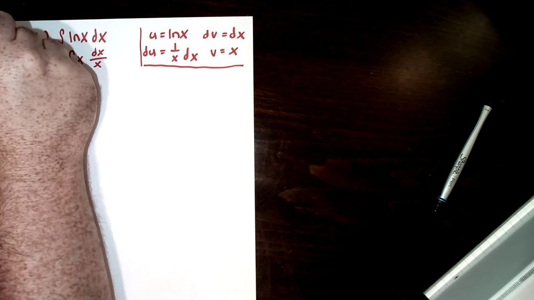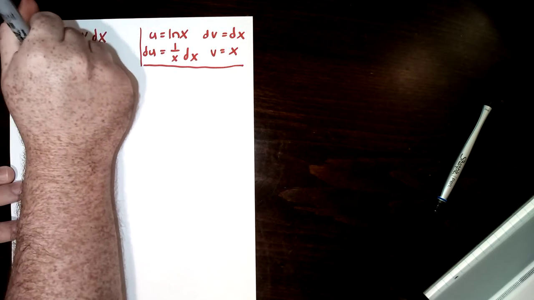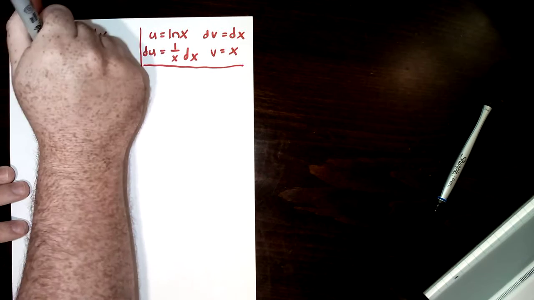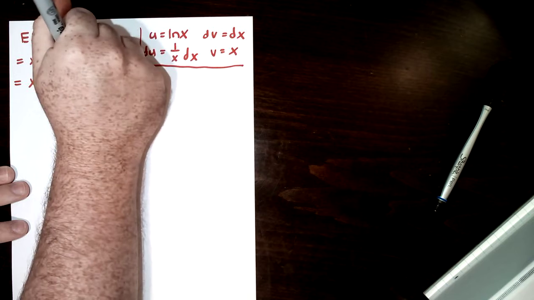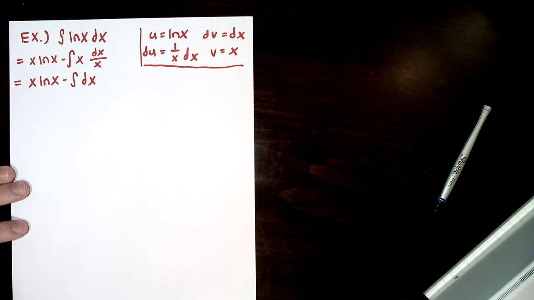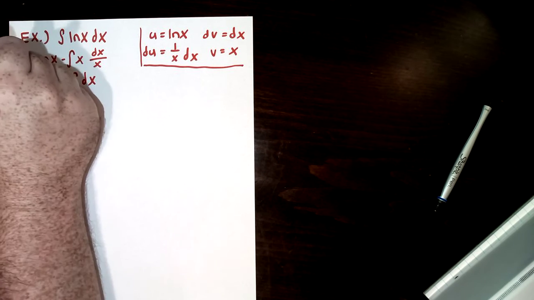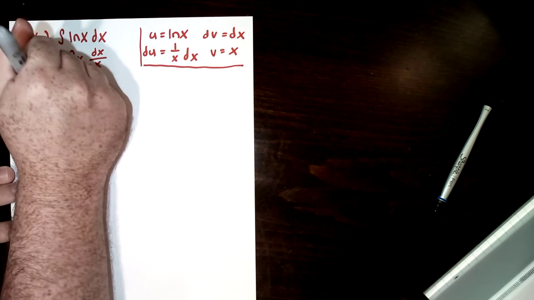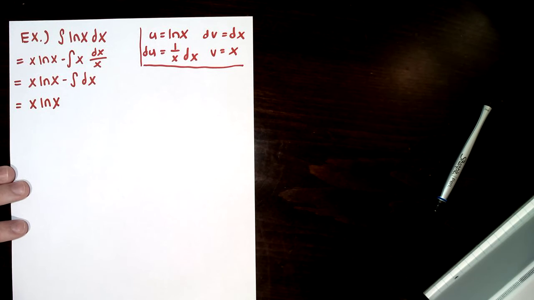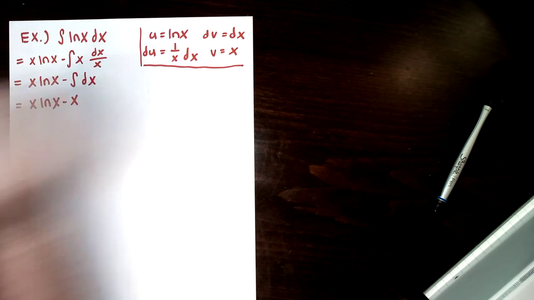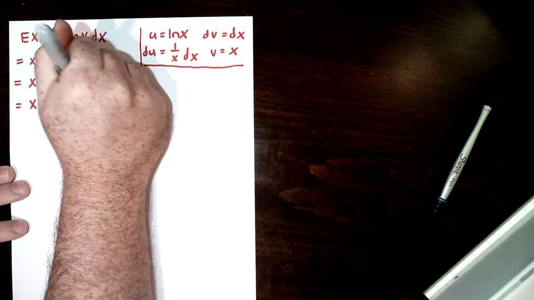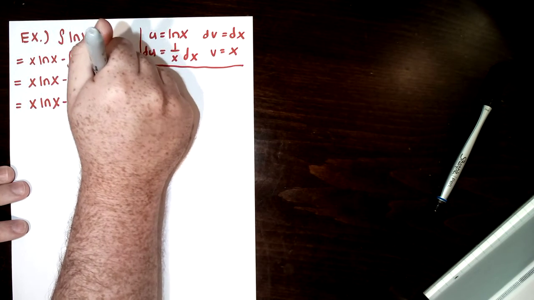So this is equal to x log x minus the integral of dx. Well, the integral of dx is just x. And we'll go ahead and add a constant to the end. And here is our answer.